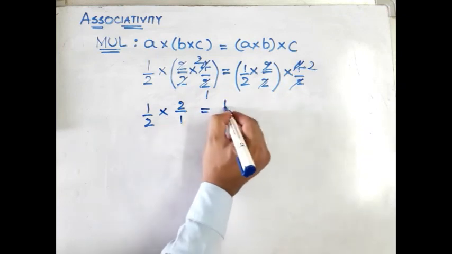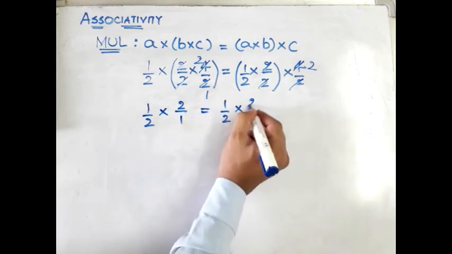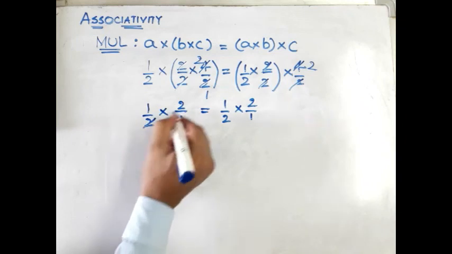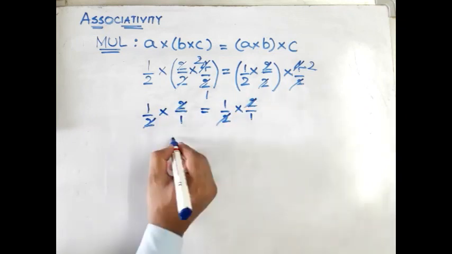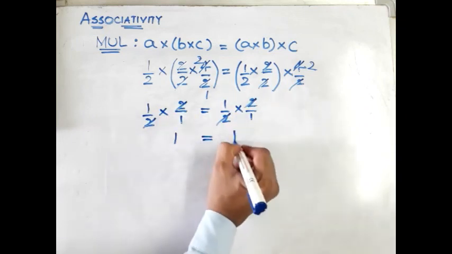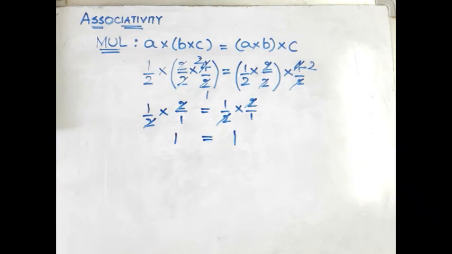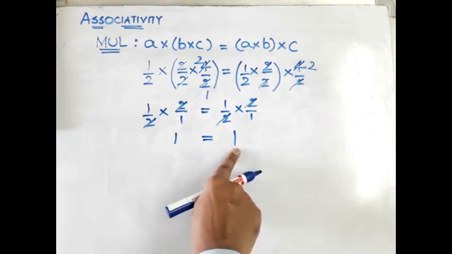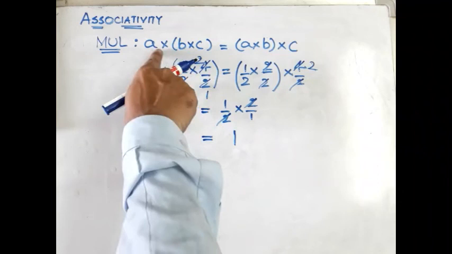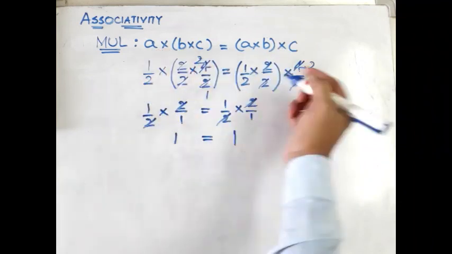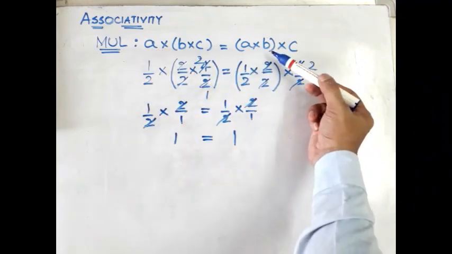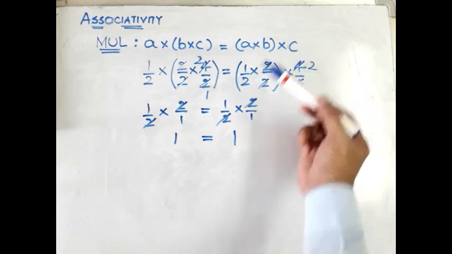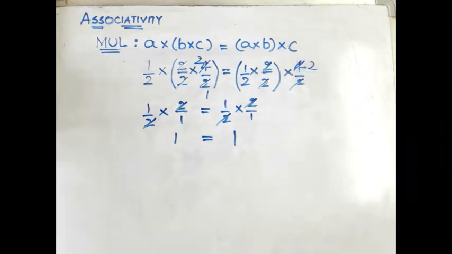Here also 1 by 2 into 2 by 1. Again 2 and 2 will get cancelled. So the left over is 1 is equal to 1. So here also LHS is equal to RHS. Through this what we can say, a into (b into c) will always be equal to (a into b) into c. So this is the associativity.